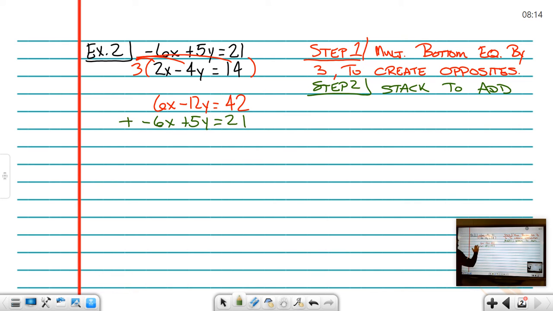We're going to add these vertically. 6x minus 6x, those cancel. Negative 12y plus 5y gives me negative 7y equals 42 plus 21 is 63.